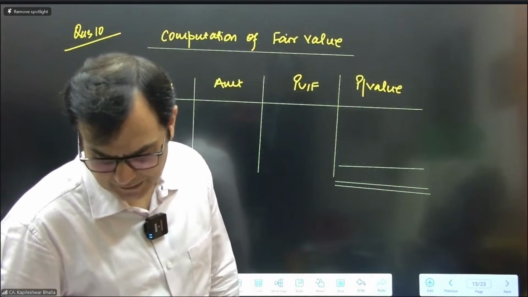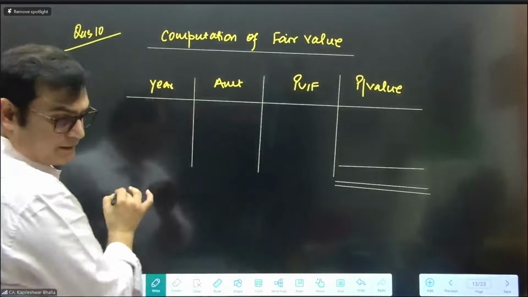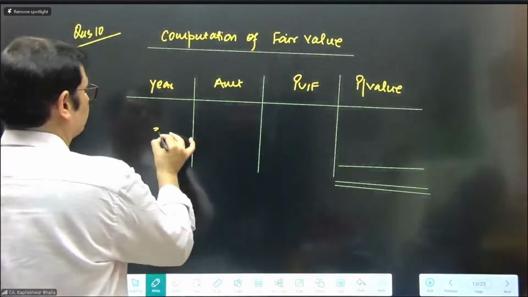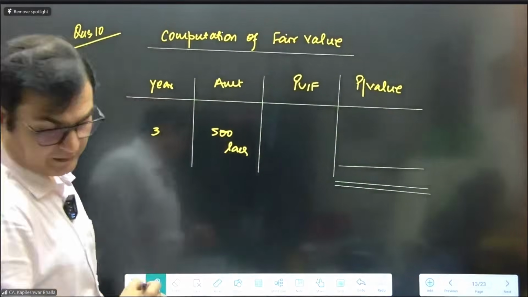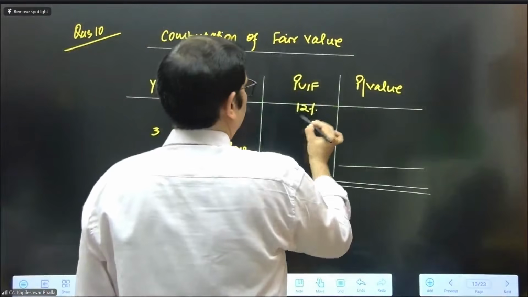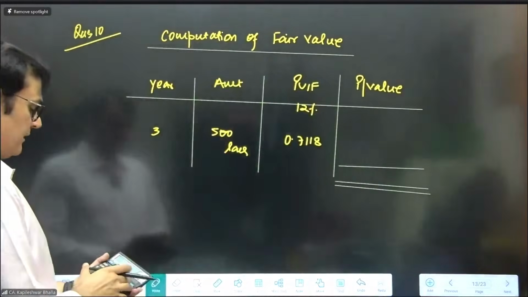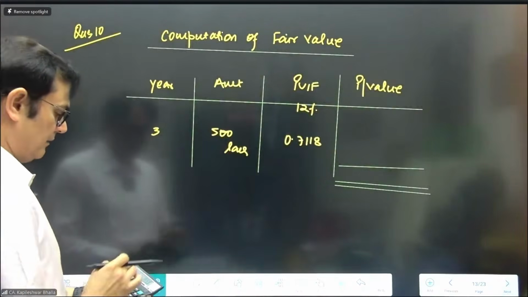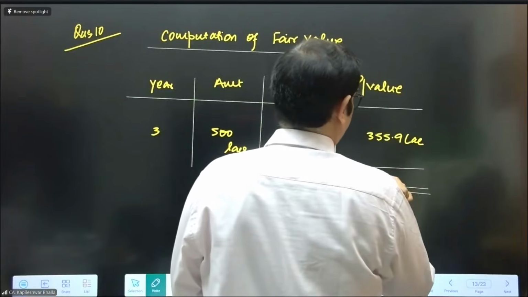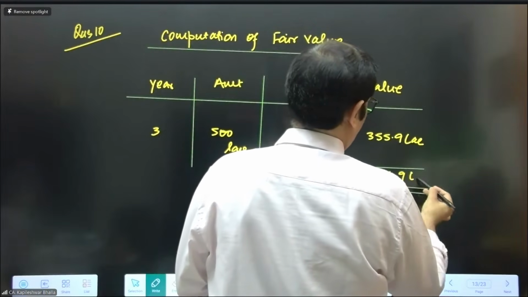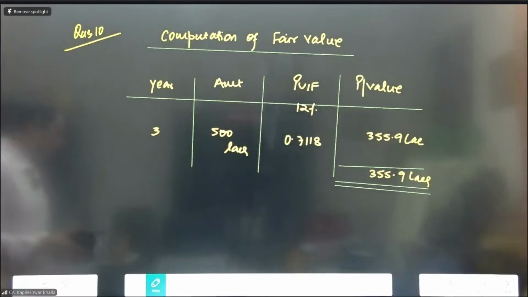The preference shares are issued at 500 lakhs, so this is at the end of the third year. This is 500 lakhs, and we need a PVIF at 12%. That's 0.7118. So we get the present value, 500 times 0.7118, which is 355.9 lakhs. That is the computation of the fair value.